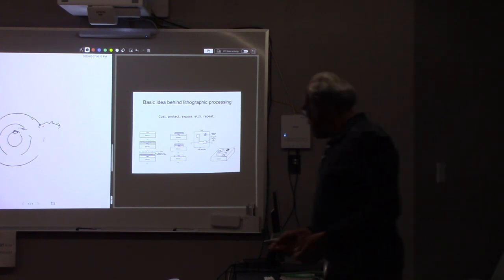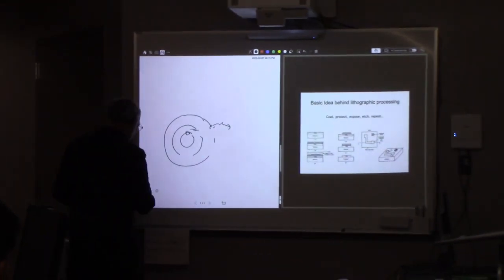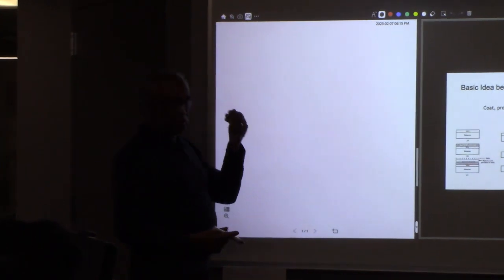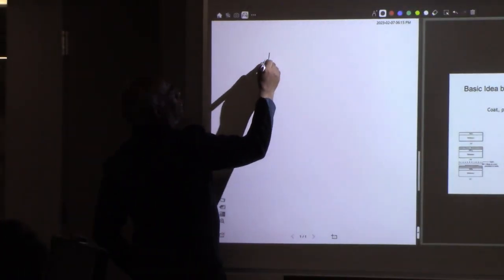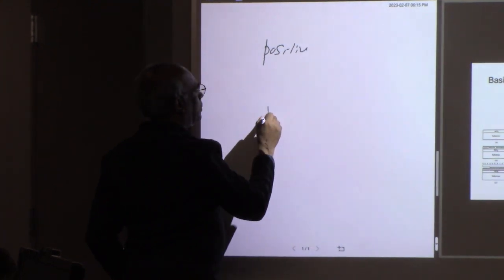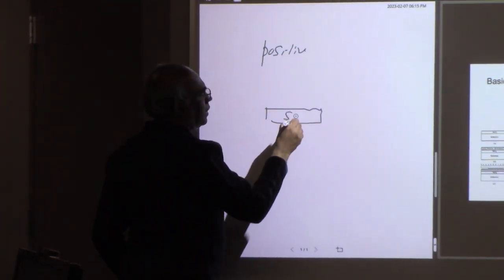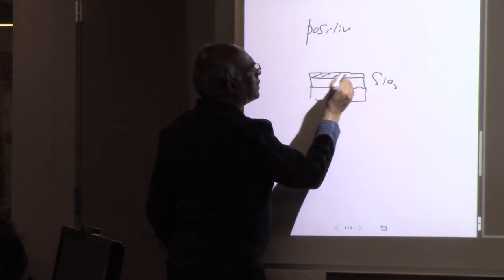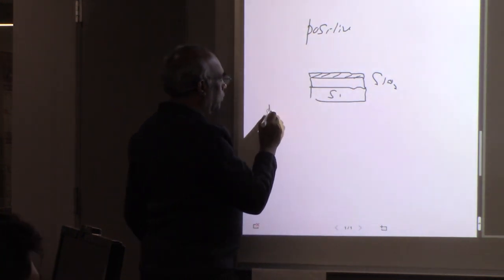So it's more like this. Actually, in this example I have a negative photoresist. Positive photoresist means, suppose this is my silicon, right? Then I grow silicon dioxide. Then I put this photoresist, suppose this is a positive photoresist.